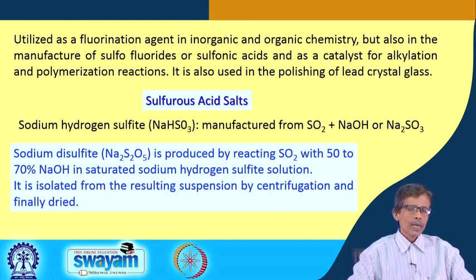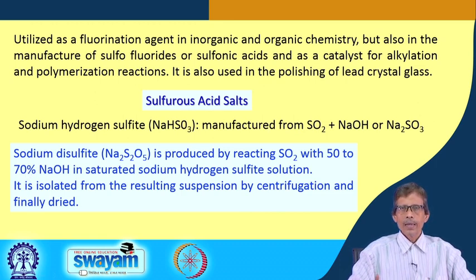Or we can also produce this type of salt, the sodium disulfite Na2S2O5, Na2S2O3 is also another category. But the first thing we consider is sodium disulfite or sodium thiosulfate, and disulfite, if we consider it, has some more number of oxygen groups attached to it, and is produced also by reacting sulfur dioxide with 50 to 70% NaOH in saturated sodium hydrogen sulfite solution.